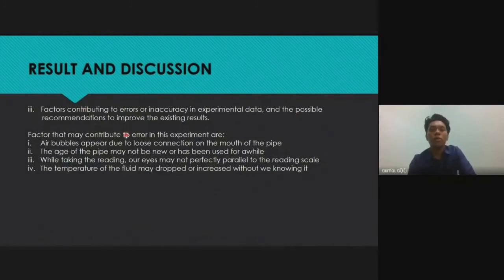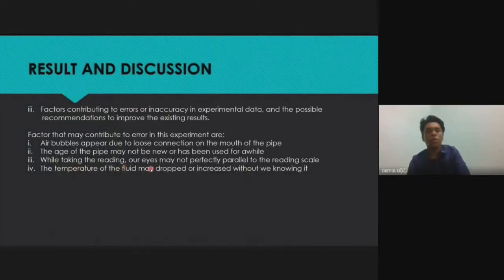The factors that may contribute to error: one is a bubble, which can affect the pressure. Second one is the pipe may not be new or has been used for a while, meaning that if it is a used pipe, the epsilon will be different.